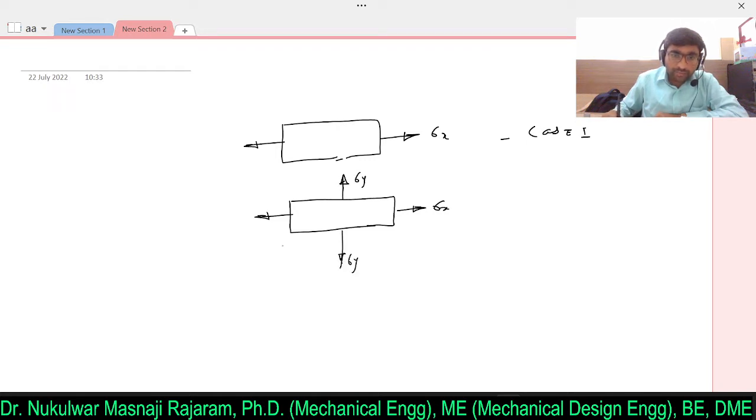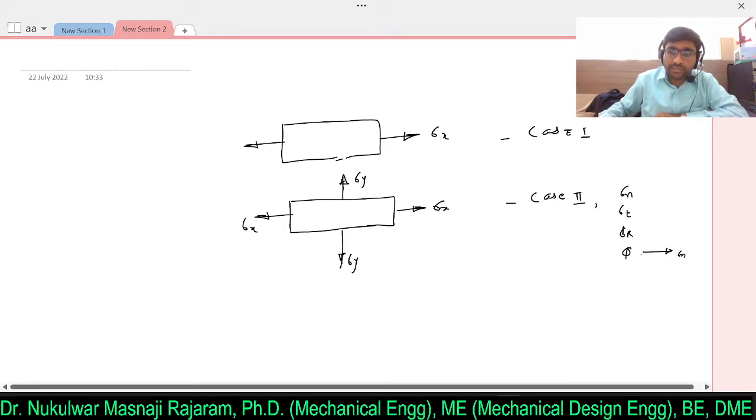In that case, we evaluated the normal stress, tangential stress, resultant stress, and the angle of obliquity, that is the angle between the normal stress and the resultant stress. From that we also learned how to evaluate the maximum shear stress and the principal plane where shear stress is 0.